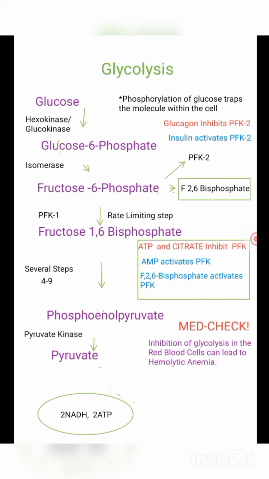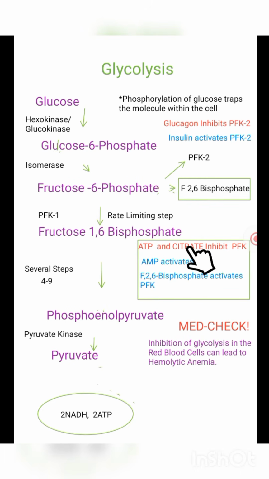You notice that there are things like ATP and citrate which inhibit PFK1. So high levels of ATP and high levels of citrate will definitely inhibit PFK1, meaning that glycolysis may not proceed in the presence of high concentrations of ATP and citrate. I think this makes sense because ATP is one of the products. If you already have enough ATP, why should glycolysis continue? So this makes sense as an inhibitor.